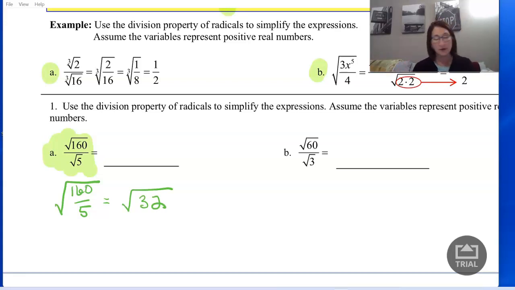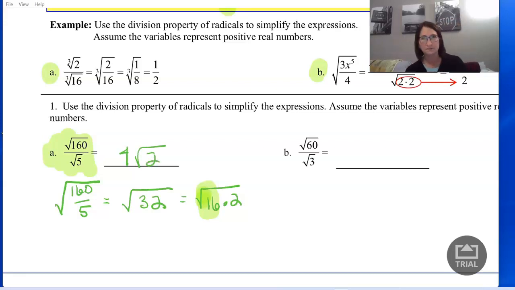However, it's easy for us to work with. That can be the square root of 16 times the square root of 2. And we know that the square root of 16 is just 4. And so this is going to be 4 square roots of 2. That was not hard. Didn't take a calculator. We were able to just kind of flow with it.